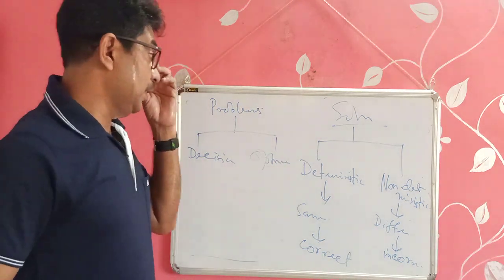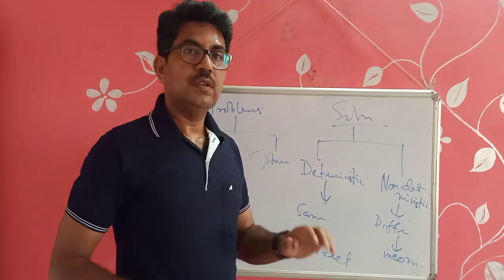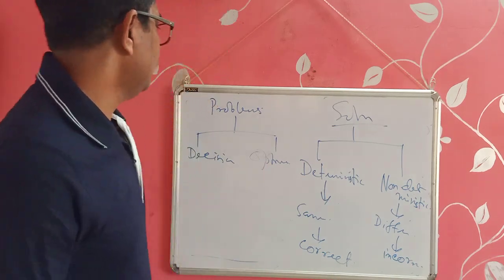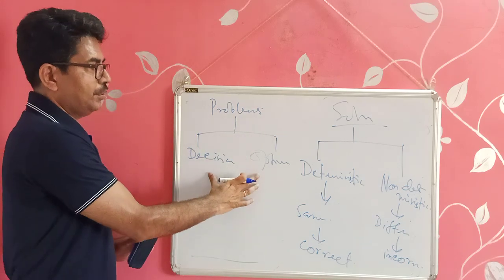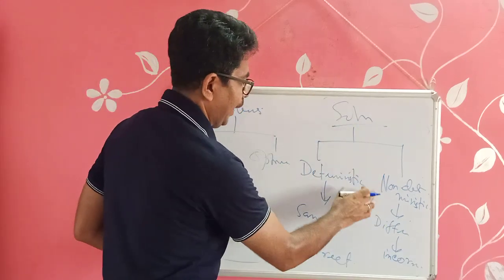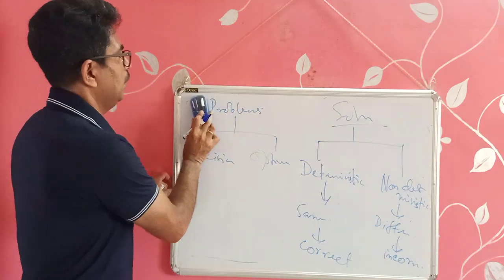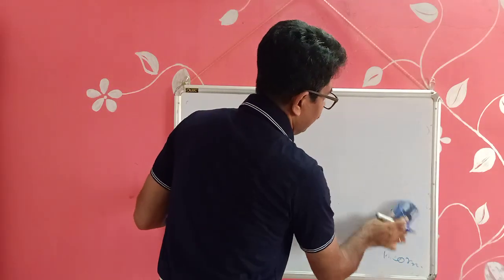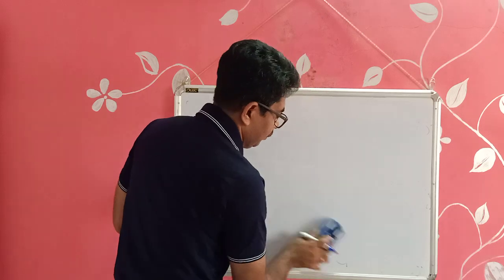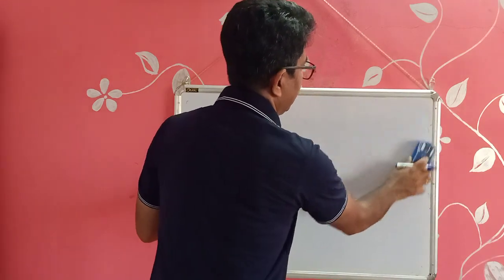Now, what is the need for non-deterministic solutions? That will come. Up to this, is it clear? There are two different kinds of problems, and two different types of solutions for every problem. Now we may ask why these non-deterministic solutions are different.